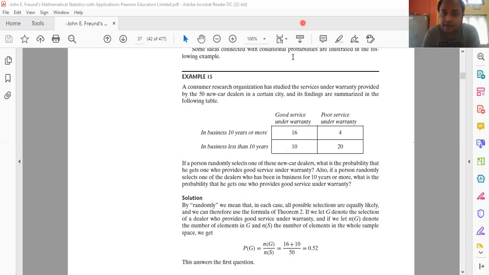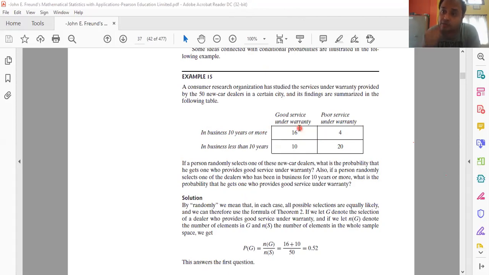In this particular case, you cannot say the total sample space is 50, because the size of the sample space has reduced, and now the size is 20. 16 plus 4, 20, because you are only confined to this particular row, not the entire chart.